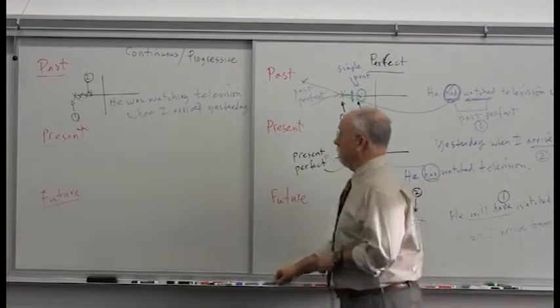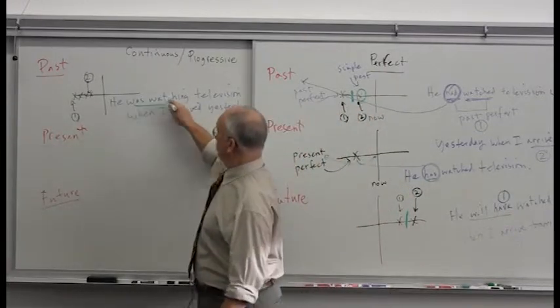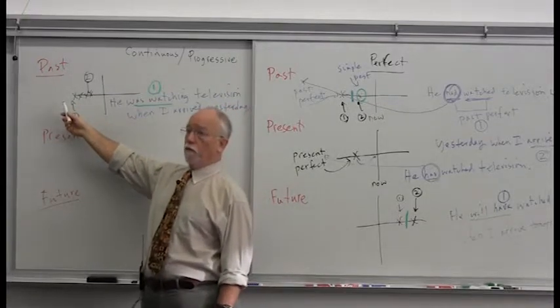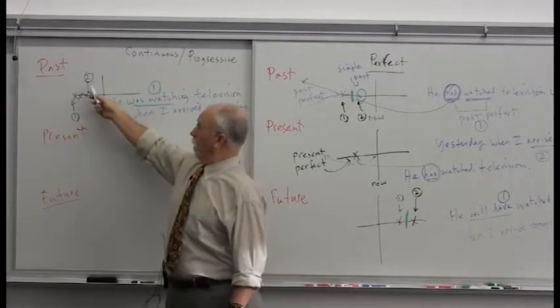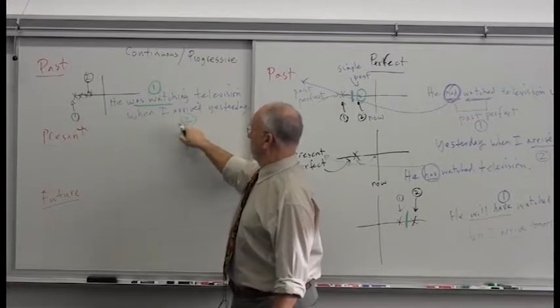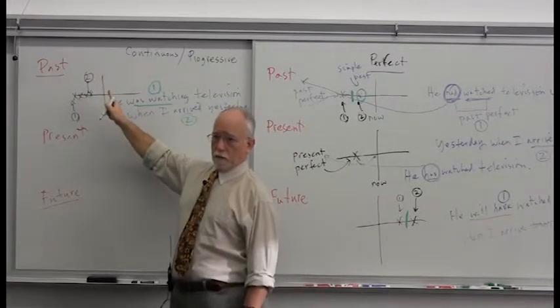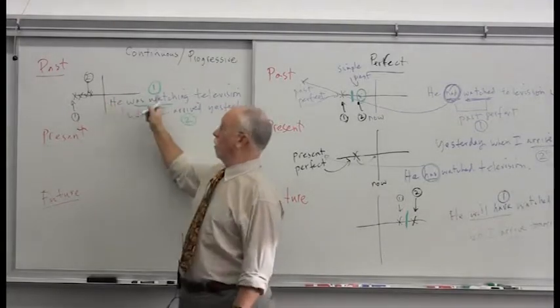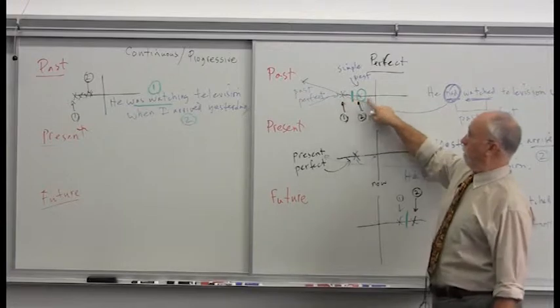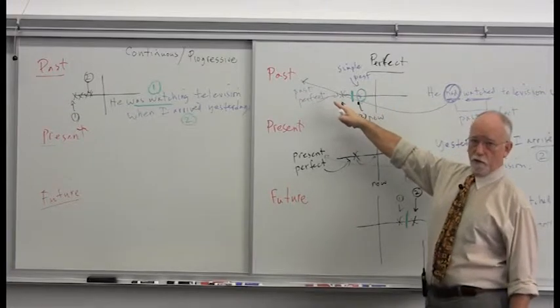The first action is was watching, because he started watching television before I arrived. When I arrived, this is the second action. This was still happening. So he wasn't finished watching when I arrived. Over here, when I arrived, he was already done, finished watching television.